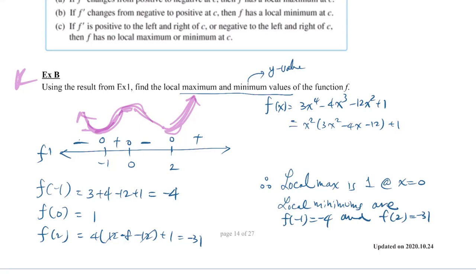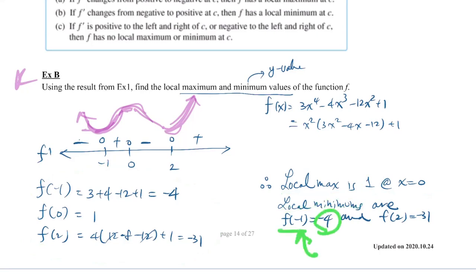But anyways, now that I found all these values, this is how you say it. We could say that local maximum is 1 at x equals 0. Well, you could say it that way. But a more compact way of saying that is the local minimum is at, so local minimum is a y value, remember that. So you have to state the y value. So y is -4.